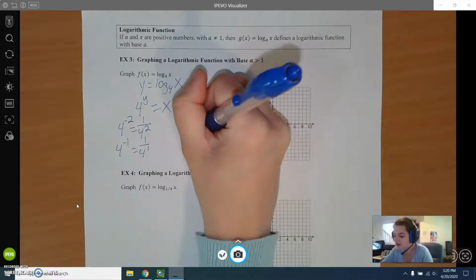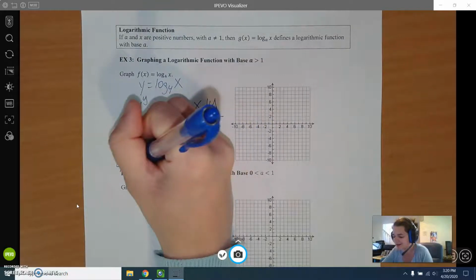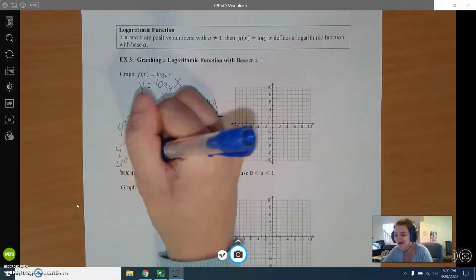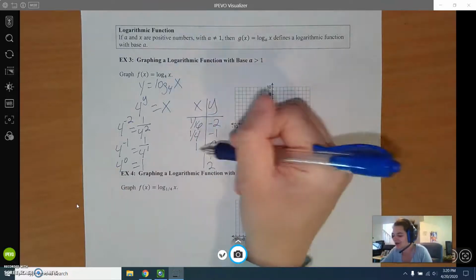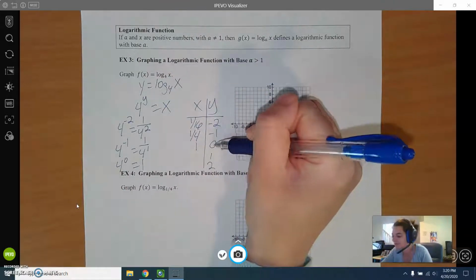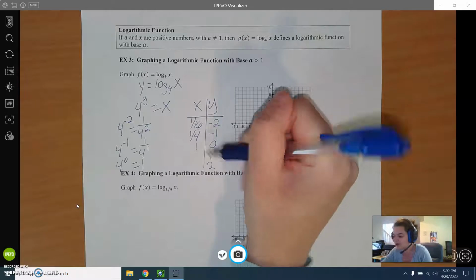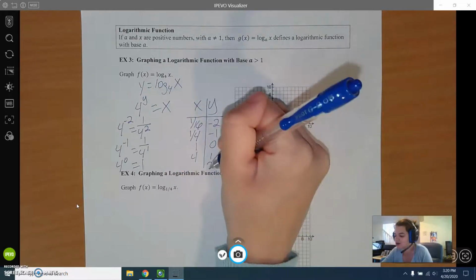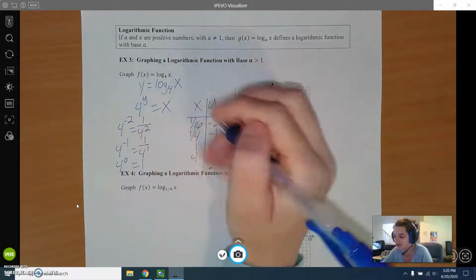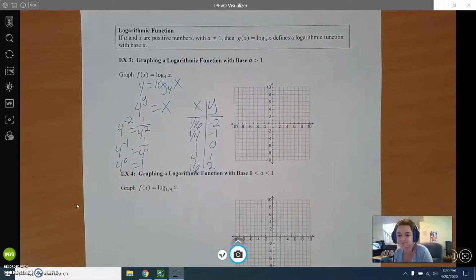If y is 0, that would be 4 to the 0, and anything to the 0 power is 1. So 4 to the 0 is 1, so we'll have that point 1, 0. Let's see, if y is 1, that would be 4 to the 1st power, which is just 4. And if y is 2, that would be 4 to the 2nd power, which would be 16.